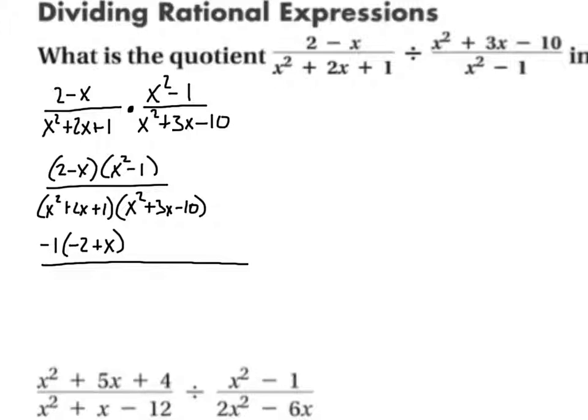How about that second binomial? What can I do with x squared minus 1? X plus 1 times x minus 1. It's a difference of perfect squares. Now we're looking at that first trinomial on the bottom.